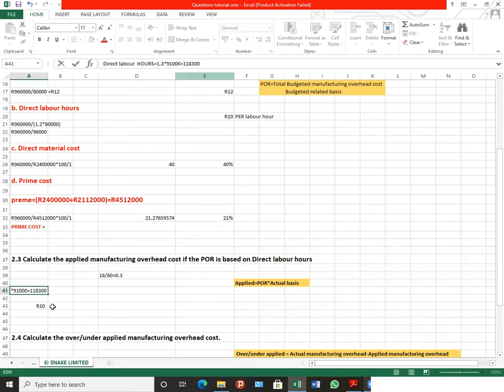Here, guys, we know the formula is equal to this times the actual one. This one is our actual hours. How much is our applied?